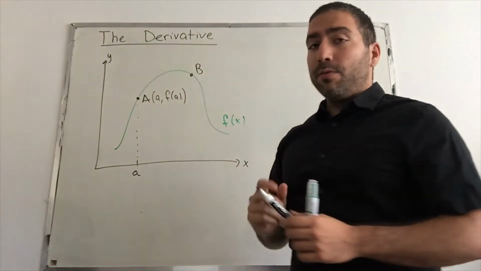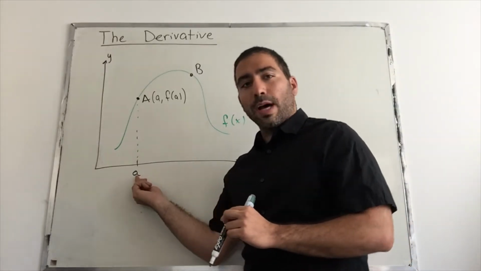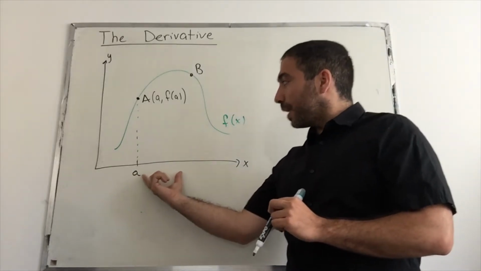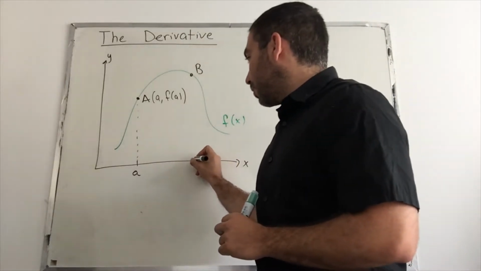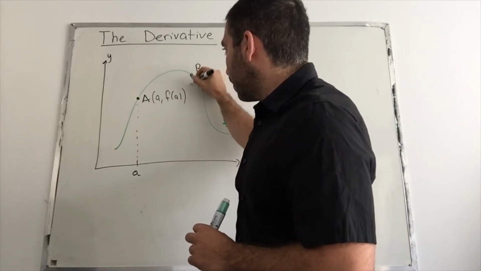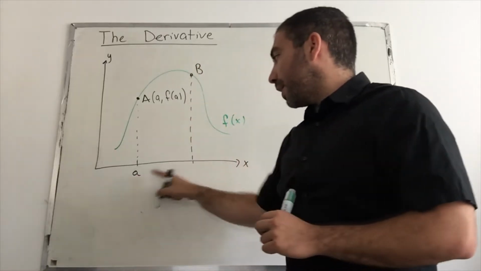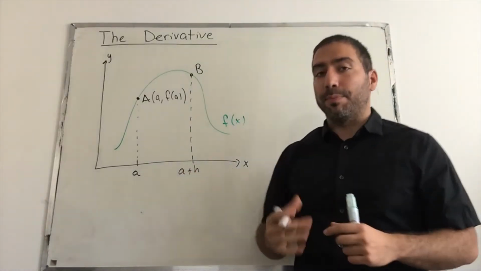And to find point B, what we could do is shift from A. So add a positive value from A to get to B. And let's call that positive value h. If we shift over from A by a value of h, this is going to be the x value of a plus h.